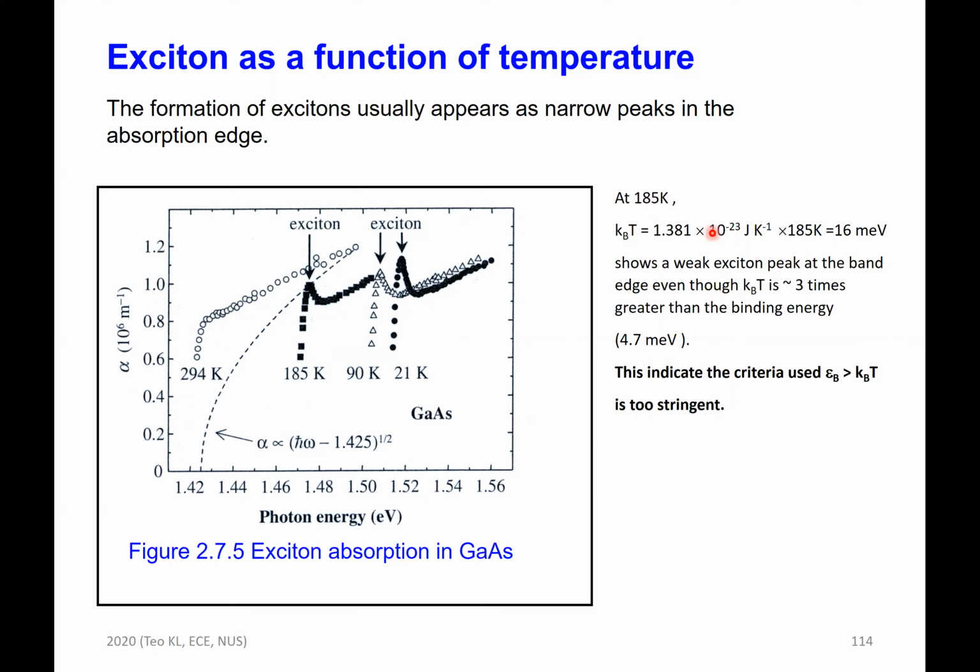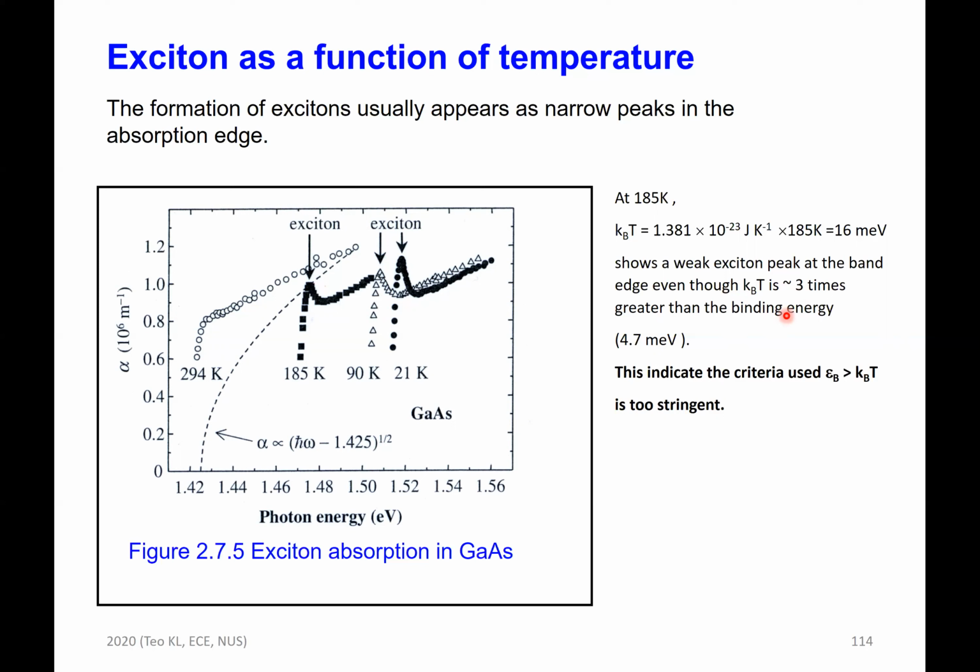So let us calculate at 185 Kelvin, what is kT? The Boltzmann constant times the temperature is about 16 meV. And we still see a strong exciton peak, even though kT itself is 3 times greater than the binding energy.